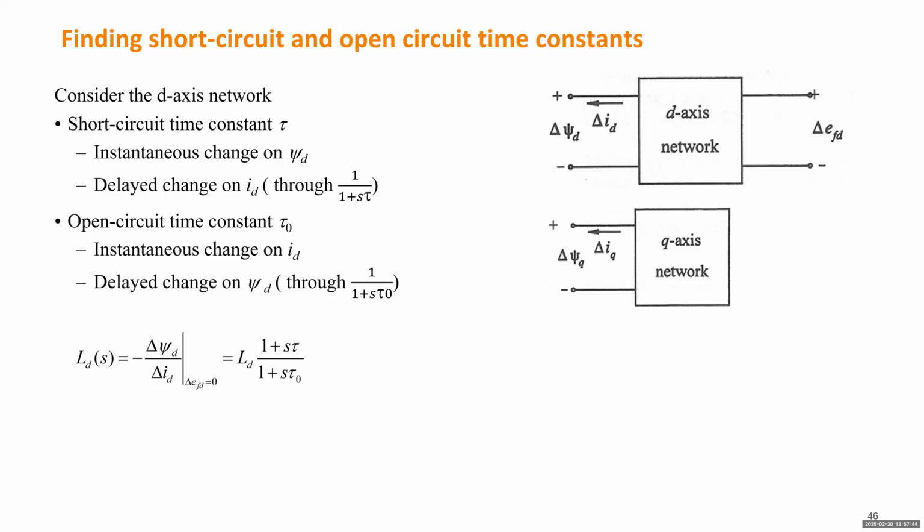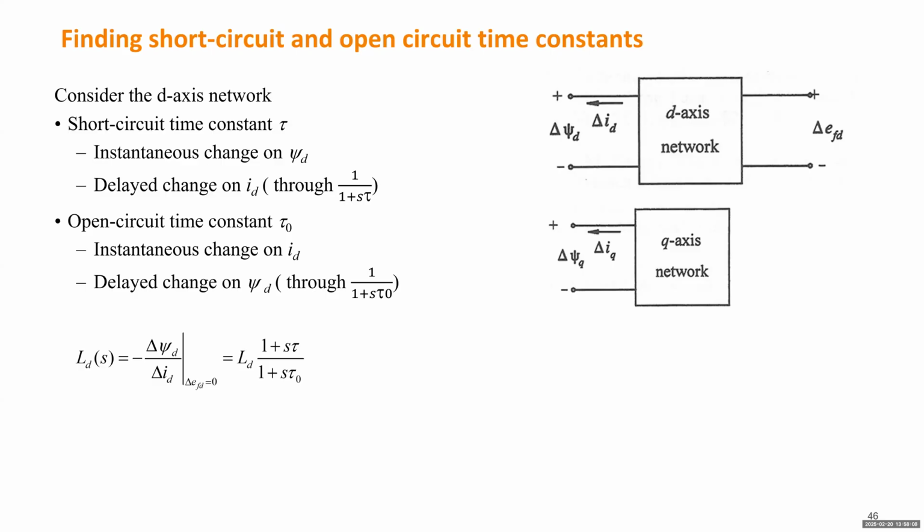So the LD will change with the frequency. The frequency is utilized to categorize what type of dynamics. If s is high, it means faster dynamic. If s is low, it means slower dynamic. So LD will be a function, okay? And we can reasonably guess LD has to satisfy this expression.